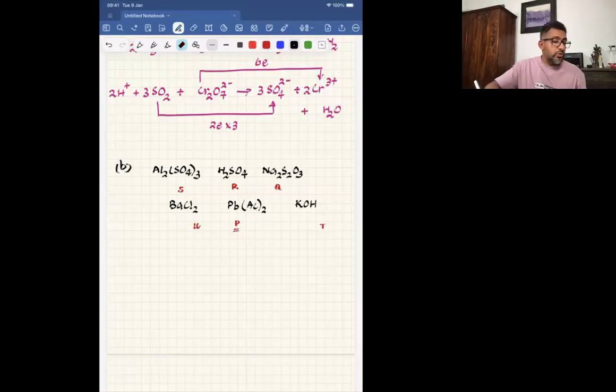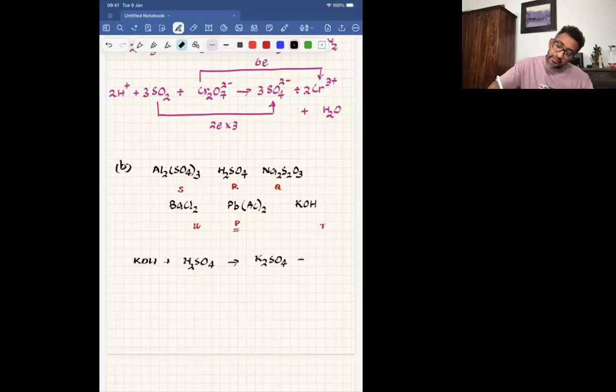P, Q, R, S, T, U. So identify P to U. Give balanced chemical equations for the reactions 1 to 6. 1. T and R. What is T? KOH. KOH, T and R, sulfuric acid, H2SO4. It gives you K2SO4.